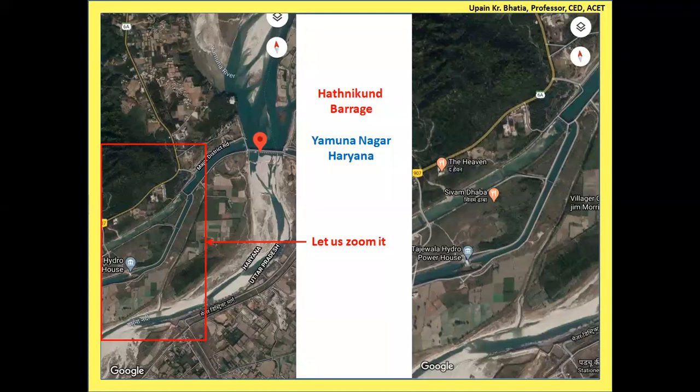So we need silt-free water. So immediately after diverting into the power canal, somewhere here we have provided the silt ejector. And somewhere here we are providing the passage for that ejected water, which is joining back this canal only.